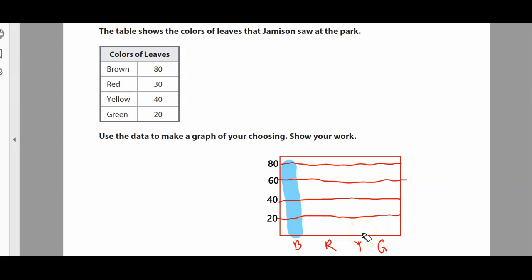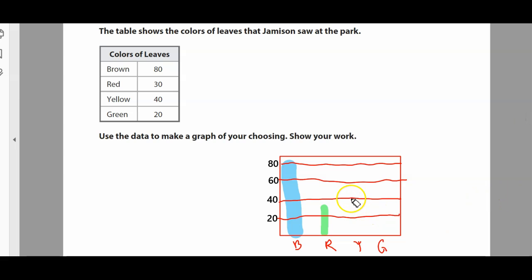All right, how many were red? 30. So there's no 30 here. How far am I going to go? Between the 20 and the 40, right here like this. That's actually 30, okay? Okay, how many yellows? 40.